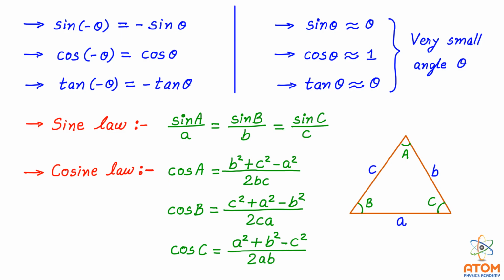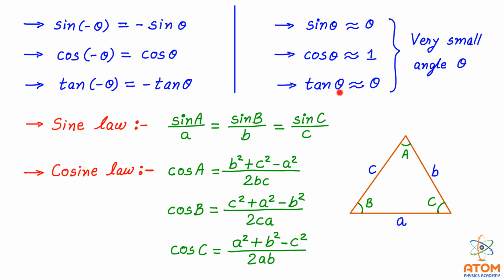So again, the answer of sin 6 degree and here pi by 30, they both will be almost same. That is what this equation is saying, that when the angle is small, the value of sin theta and the value of theta in radian are almost same. But in case of cos theta, when theta is small, cos theta gives value nearly equal to 1.